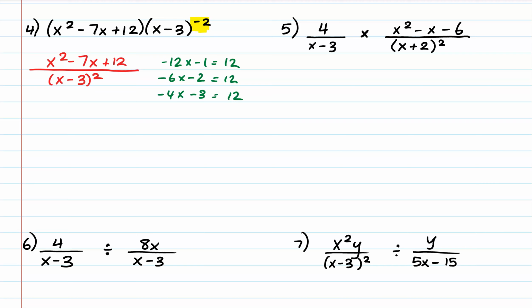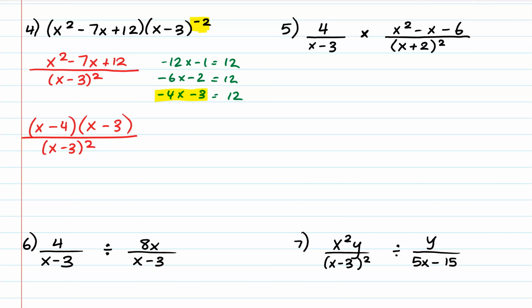Now looking at these factors, the two numbers that add up to negative 7 are negative 4 and negative 3. So I know I'm going to have (x minus 4)(x minus 3) over x minus 3 squared.